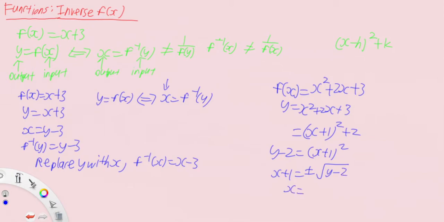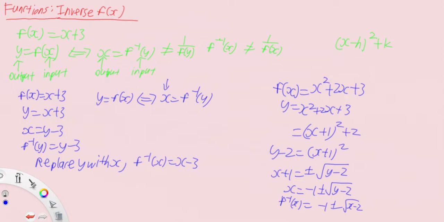Then we have x = -1 plus minus root (y - 2), leaving us with f inverse (x) = -1 plus minus root (x - 2). Obviously, I'm skipping some of the steps, such as letting it be f inverse (y) and then replacing y with x.